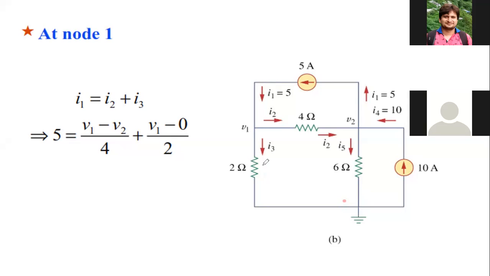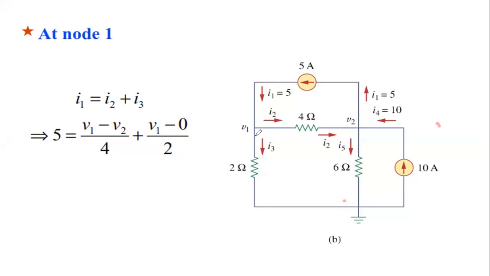So in this one, if you write a KCL equation here at point V1, I1 is incoming and I2, I3 are outgoing. You can take any direction, but the direction of this current of 5 ampere will be as it is.